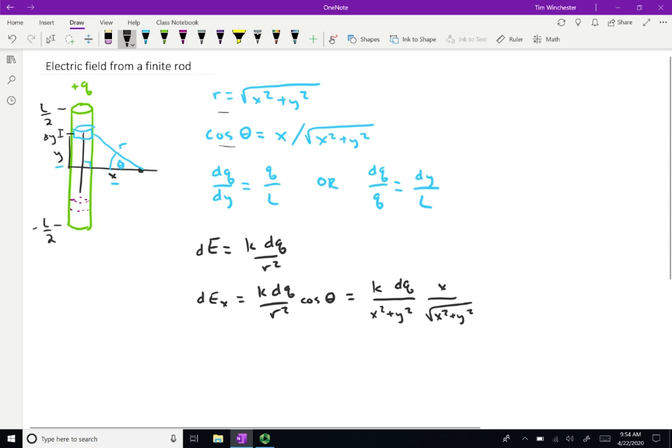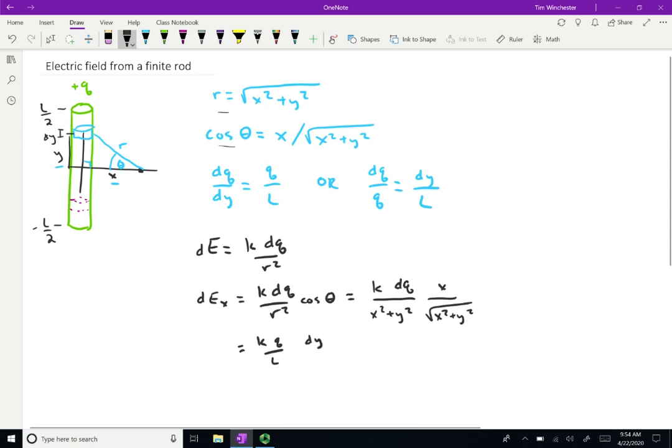And then what I want to do is replace dq with something I can integrate over. In this case, I can integrate over dy. So I'm going to make the replacement: dq I'm going to write as q over L dy.